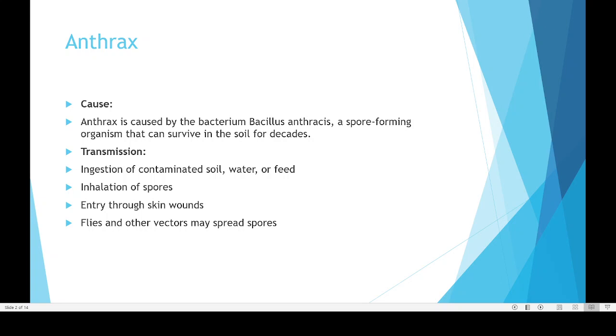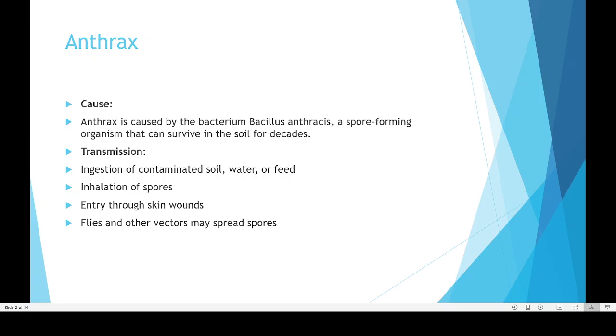Because there are a large number of cattle, anthrax is still a major problem in many areas of the world. Here you can see how anthrax can affect cattle. Here also there are different pictures. Anthrax can cause a lot of deaths in cattle.